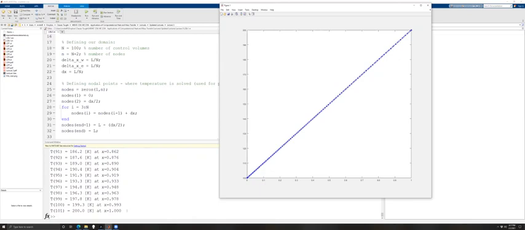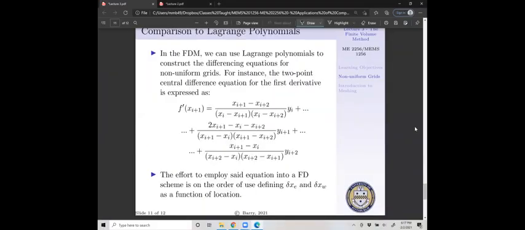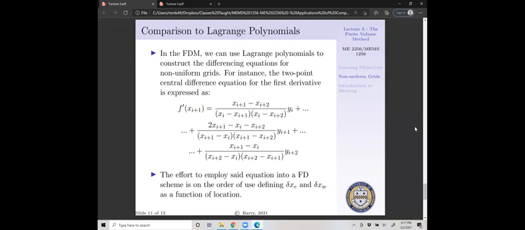Now, I want to illustrate why that is of importance. So for you guys who've taken numerical methods, ME 2060, most of the time when you did the finite difference method, you used a uniform grid spacing because it made the formulation or evaluation of your derivatives quite easy.